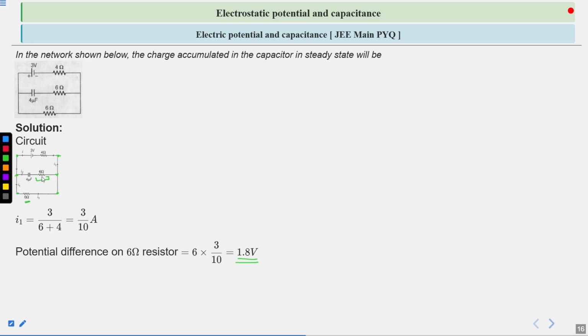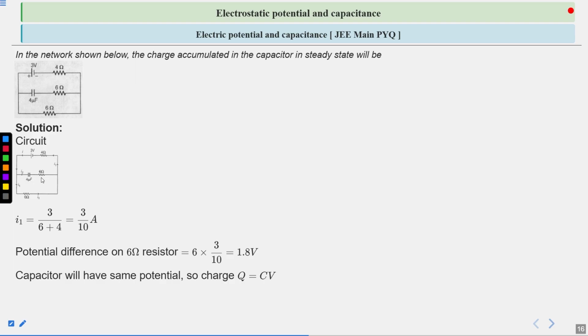Potential difference across this upper 6 ohm resistance is 0, but the potential difference across this 4 microfarad capacitor is similar to that of the 6 ohm resistor at the lowermost branch, so 1.8 volt. The capacitor has the same potential since it is connected in parallel.